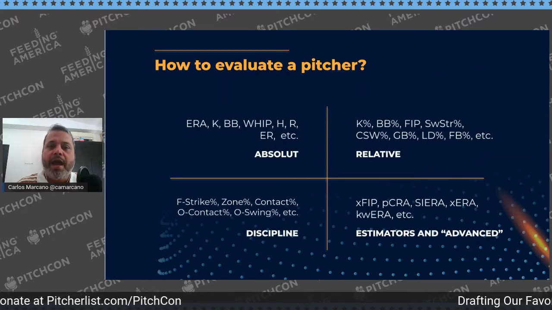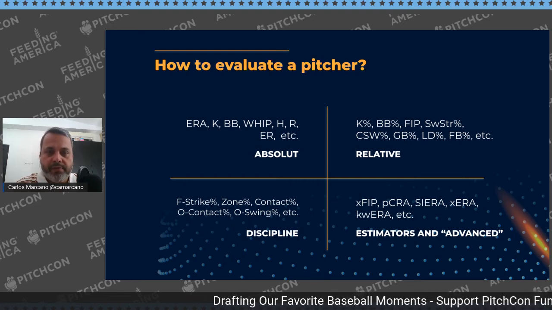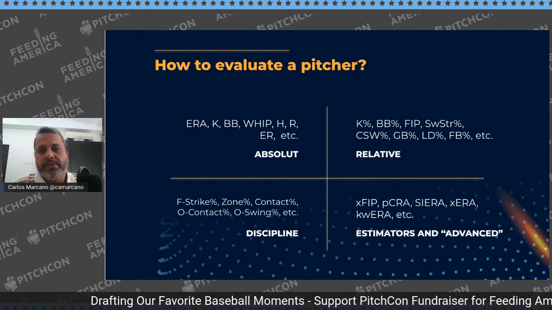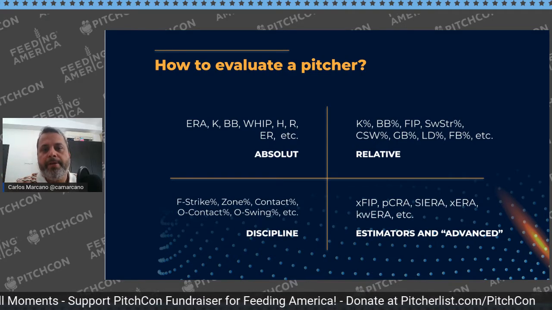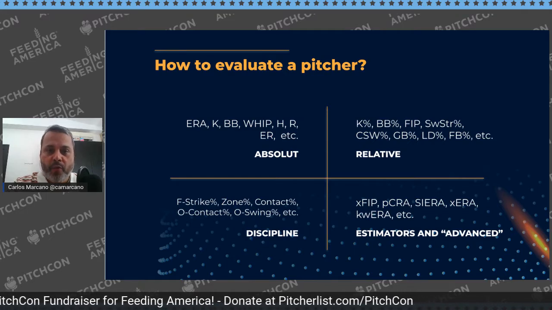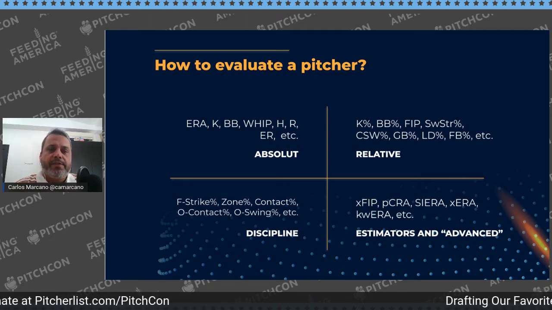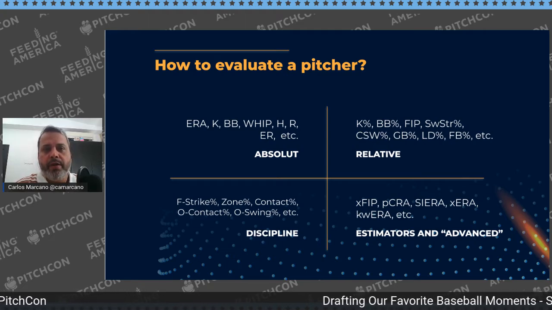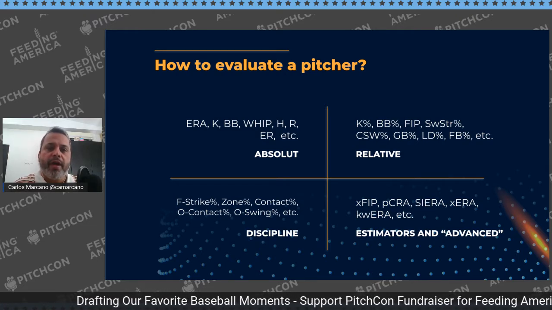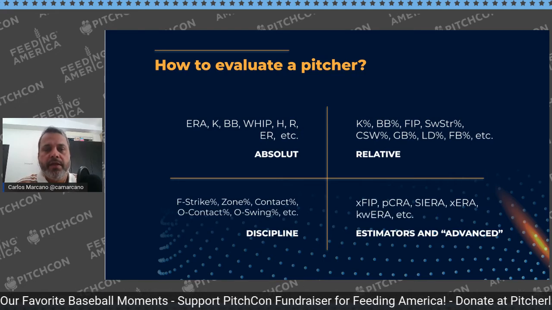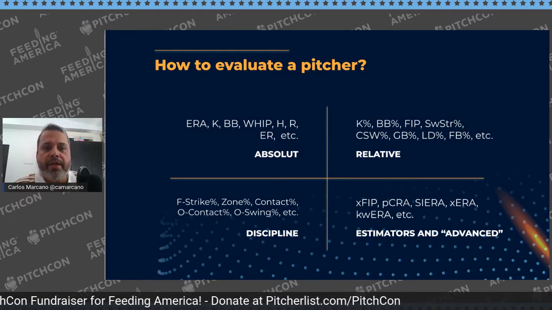So my thinking behind this is, what can we do to simplify this stuff? This is just a very arbitrary way of dividing these stats, but I just wanted to sectorize and lay out what types of stats we have on hand and how I see them, right? We have the absolute, because they are more or less counting, like ERA, Ks, and stuff like that.